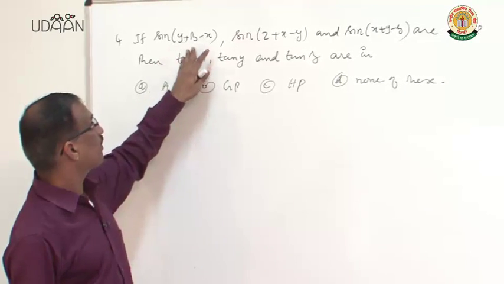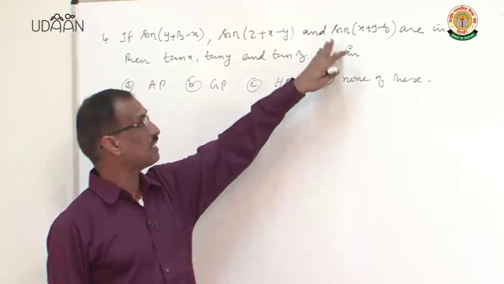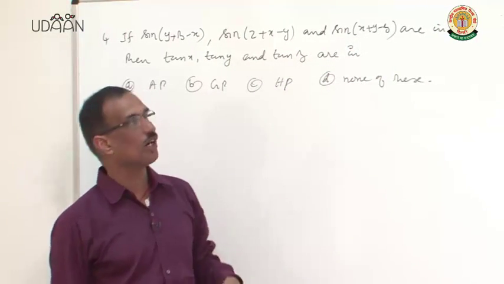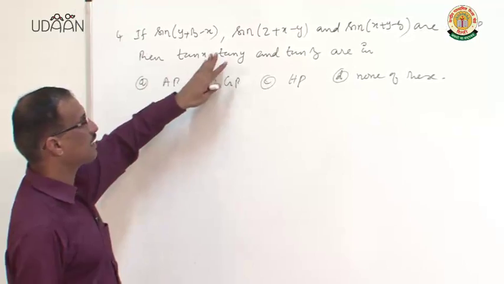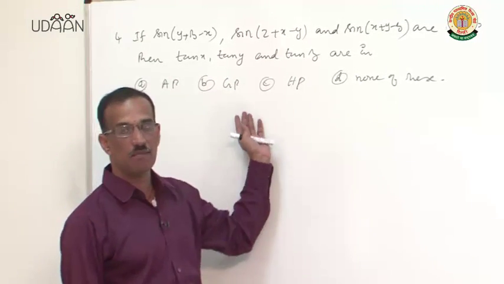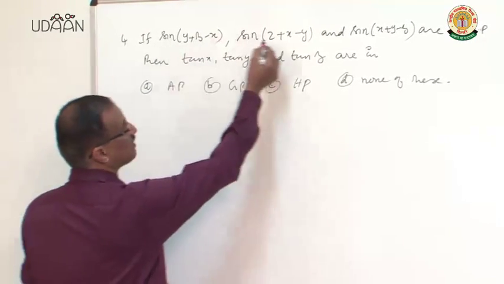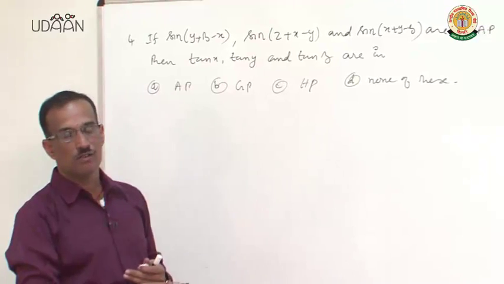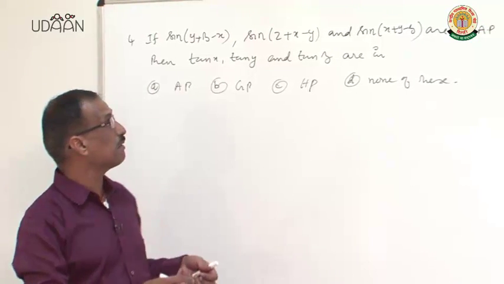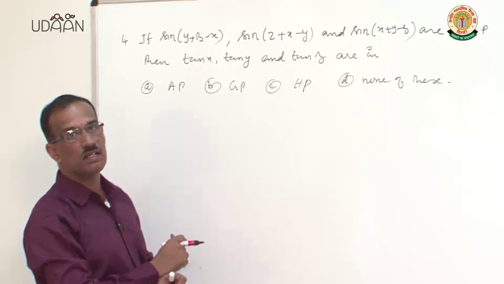So, if sin of y plus z minus x, sin of z plus x minus y and sin of x plus y minus z are in AP, then tan x, tan y and tan z are in what? Either it is in HP or AP or GP or none of these. So what is given? These three terms are in AP. So you know that if they are in AP, the difference of the consecutive terms must be the same.